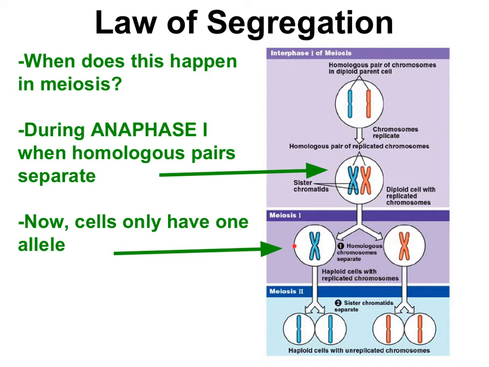So at the beginning of meiosis 2, or the end of meiosis 1, the cells only have either the maternal or paternal allele. Meiosis 2 makes sure that each gamete has only one copy of the maternal or paternal allele. At the time, Mendel didn't know anything about meiosis, so we're able to make those connections, but he couldn't.